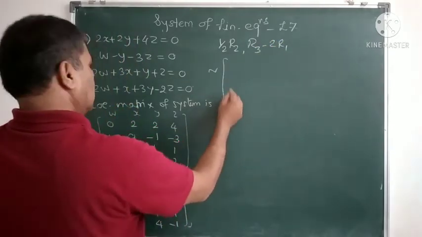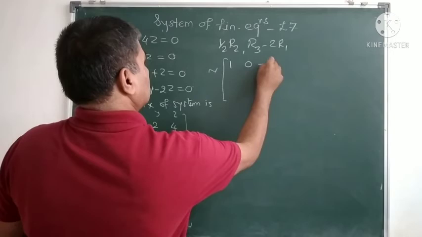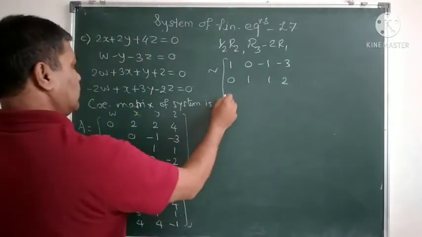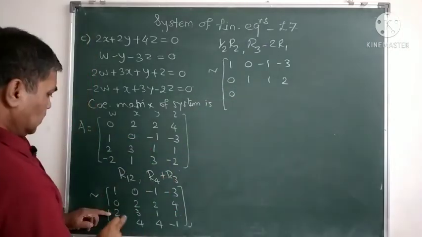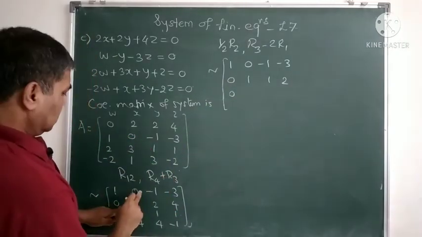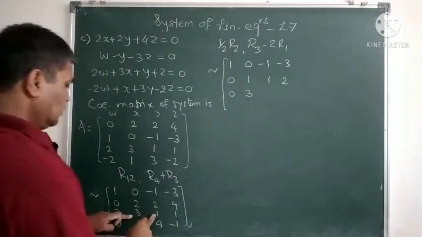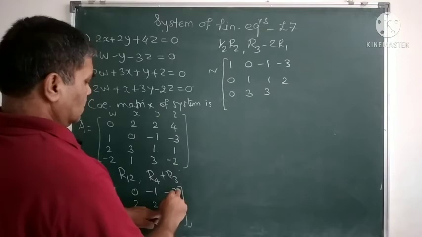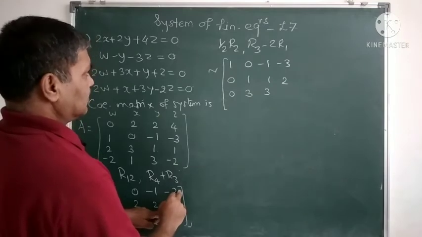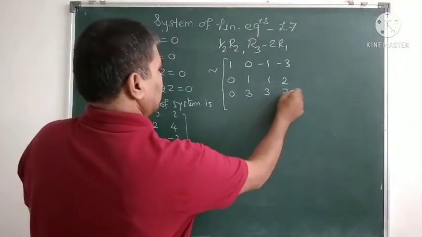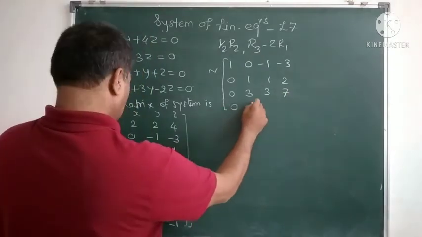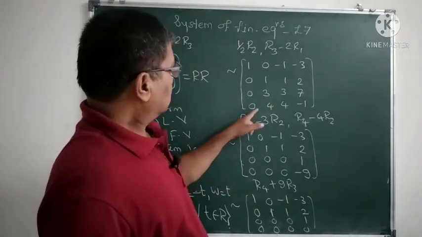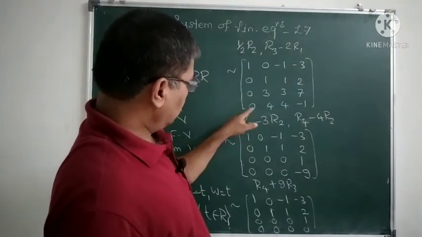This gives us 1, 0, minus 1, minus 3, 0, 1, 1, 2, then 0, 3, 3, 7, then 0, 4, 4, minus 1. So by applying 1 half R2 and R3 minus 2 R1, we are getting this step.